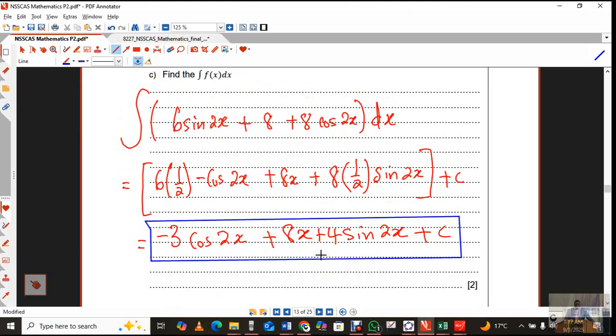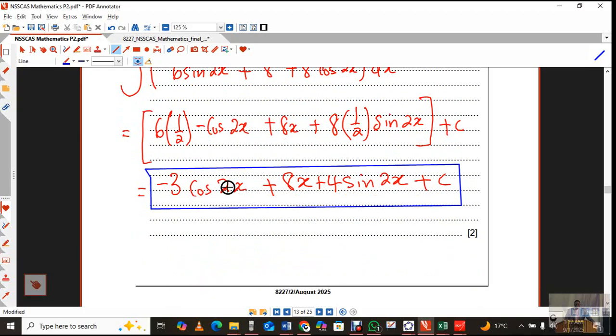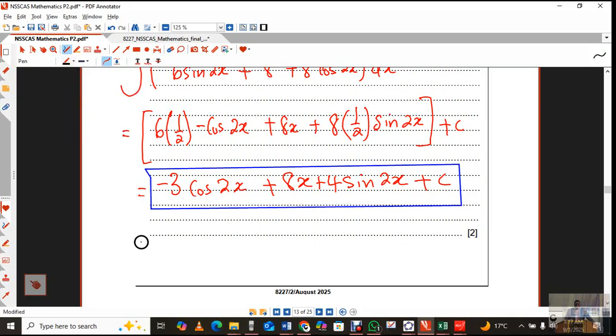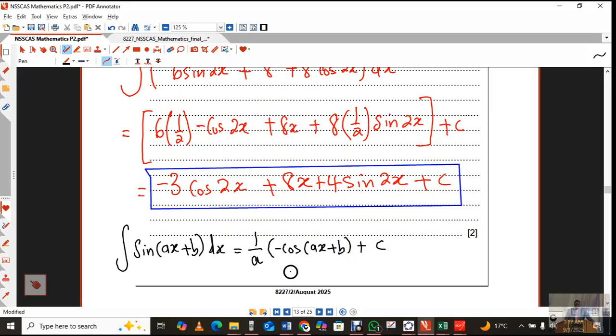Right. So please, I hope that you are familiar with this. If you don't know at this stage, if you have to integrate sine of ax plus b with respect to x, that is just going to be 1 over a times the integral of sine, which is nothing but minus cosine, minus cos of that ax plus b plus the constant of integration.